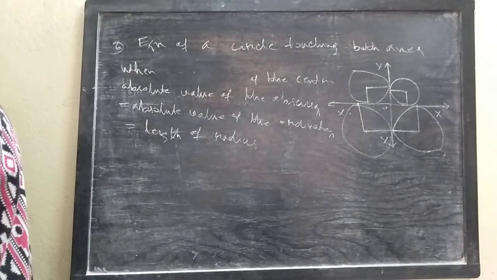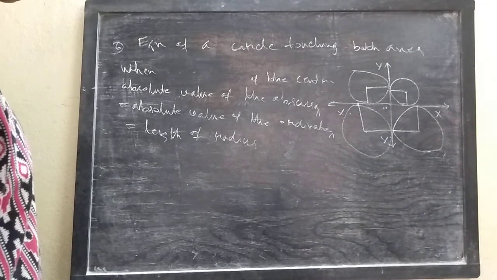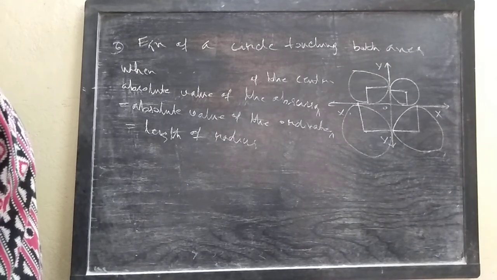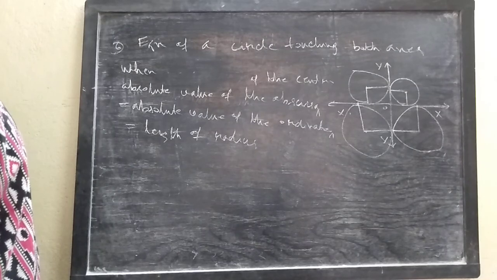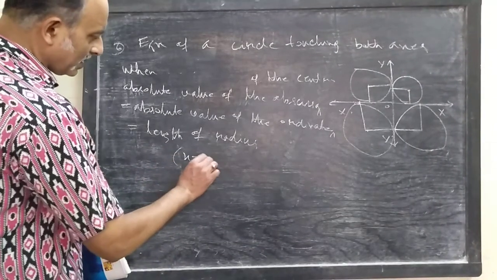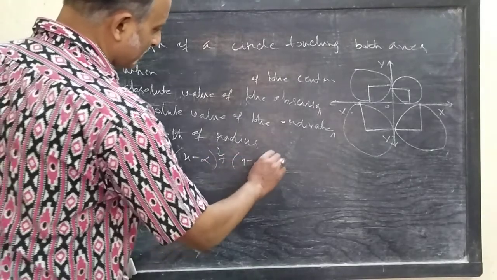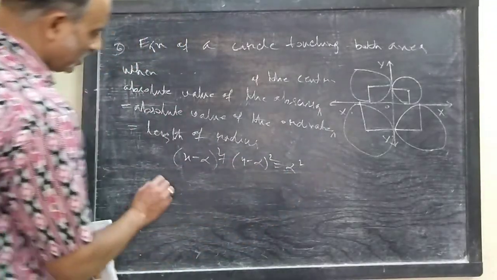So, if we consider that abscissa and ordinate of the center are exactly equal, then the equation will be in this way: (x minus alpha) whole square plus (y minus alpha) whole square equals alpha square.